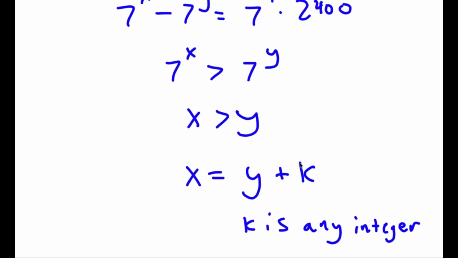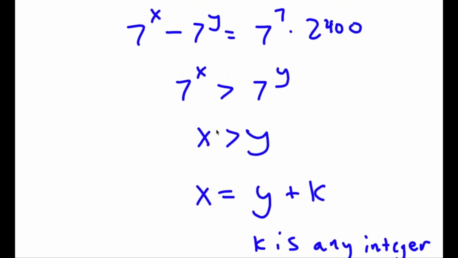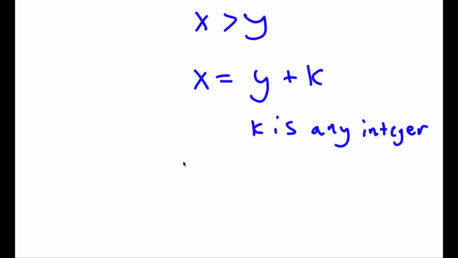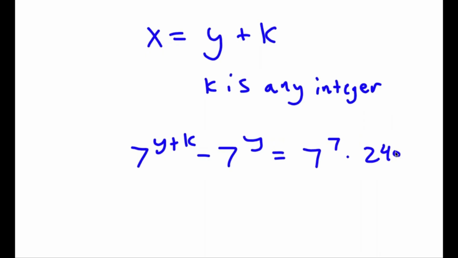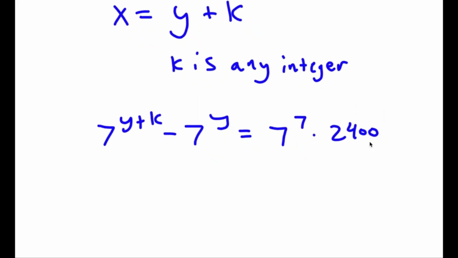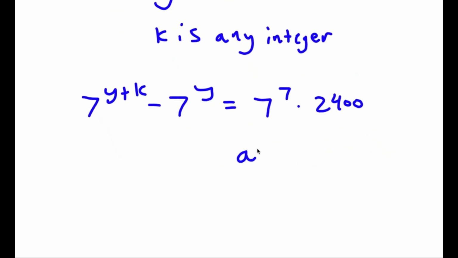So now if x is equal to y plus k, we can rewrite this as 7 to the power of y plus k minus 7 to the power of y is equal to 7 to the power of 7 times 2400. Now if I have something in the form a to the power of m plus n, this is equal to a to the power of m times a to the power of n.